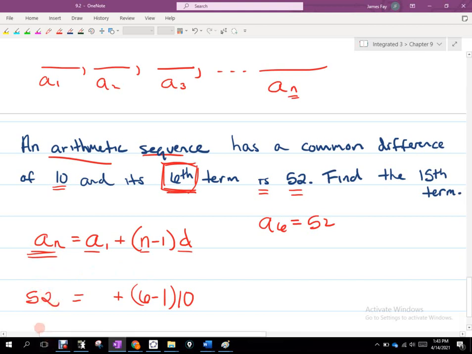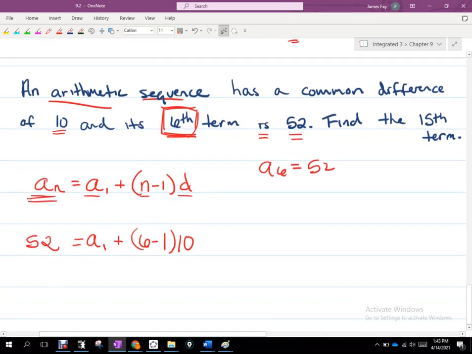Does that kind of make sense? And now I don't know a1. When I plug that information in, I'm saying 52, the sixth term, is equal to whatever my first term, a sub 1, plus then n minus 1 times d. And d in this case is 10 and n is 6.